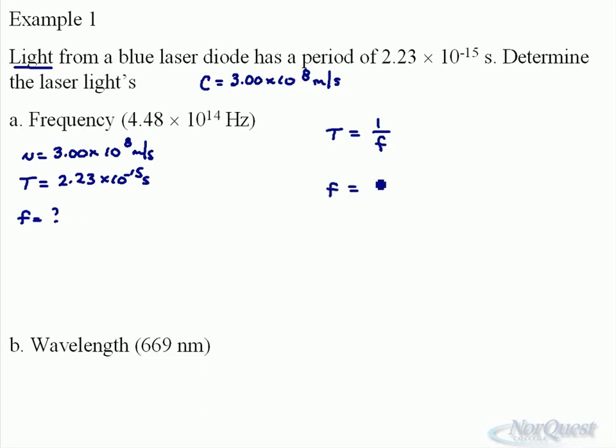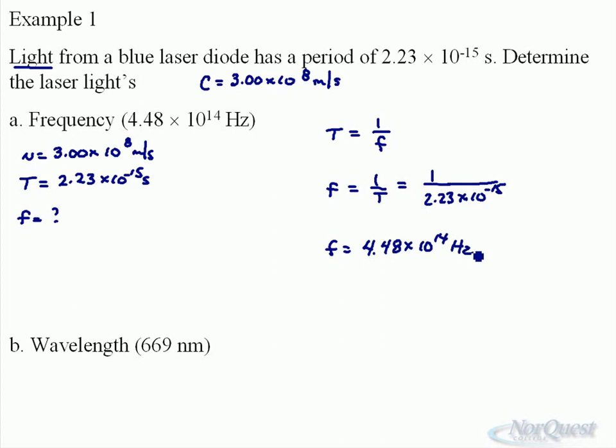F equals 1 over T. Put your numbers in. 1 divided by 2.23 times 10 to the negative 15 should give us a fairly high frequency, and I'm just going to punch this quickly on my calculator to make sure the answer is right. 1 divided by 2.23 to the exponent negative 15 should give us 4.48 times 10 to the 14 hertz.